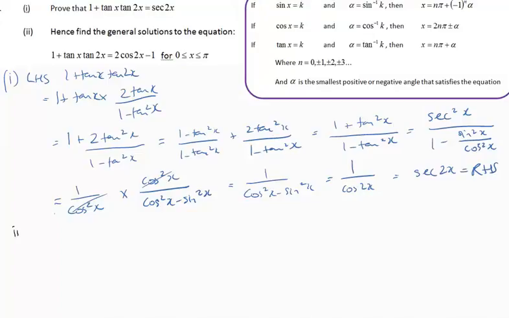And now for 2, we want to find the general solutions for the equation here. So we work through with this one here. We've got here 1 plus tan of x, tan of 2x here is equal to 2 cosine of 2x minus 1 here.